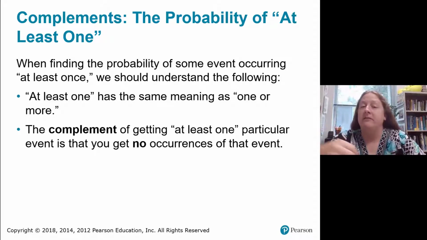So the complement of that is not one or more, which means that there are no occurrences of that event. Because the complement is no occurrences and the event itself is one or more, so it could be 1, 2, 3, etc., finding the probability of the complement can be easier than finding the probability of the event itself.